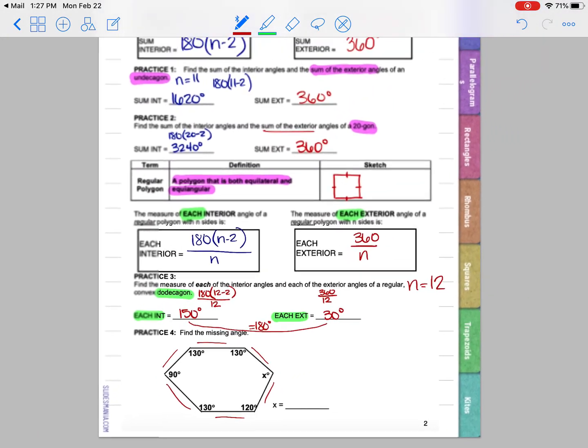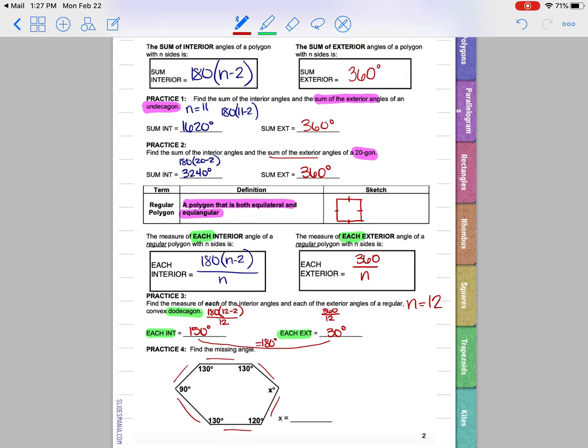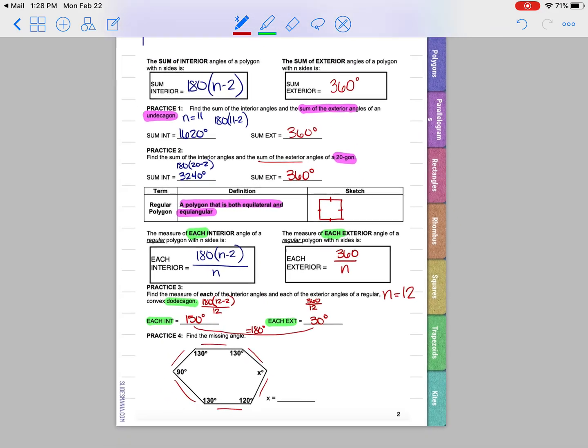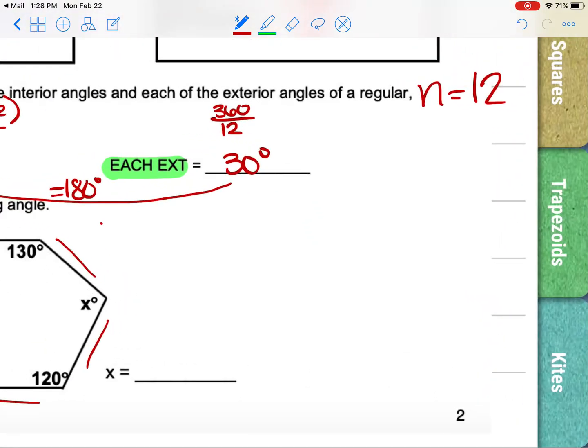So if we want to know our sum of the interior angles, we can go up here to our formula, 180 times n minus 2. We know our n is 6. So let's say 180 times 6 minus 2. And that gives us 720. So we know that all of those angles are supposed to add up to 720 degrees.